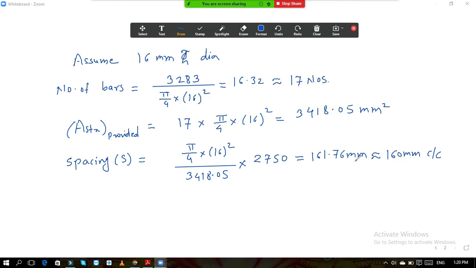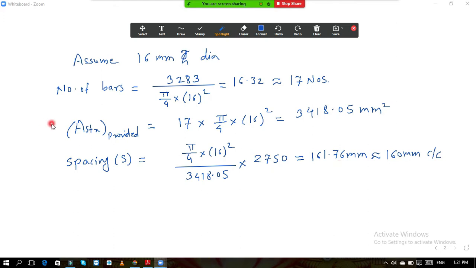Okay. So you can also calculate in this way: how many number of bars are required? 17 number of bars required. These bars are the steel along x direction, so this steel is parallel to x direction. So the spacing will be calculated along y direction. The width of your y direction is 2750, so if you do 2750 divided by 17, then also you will get the same answer, 161.76. Okay.